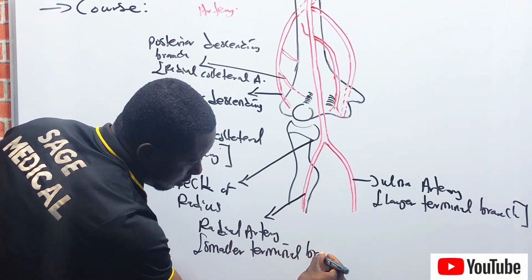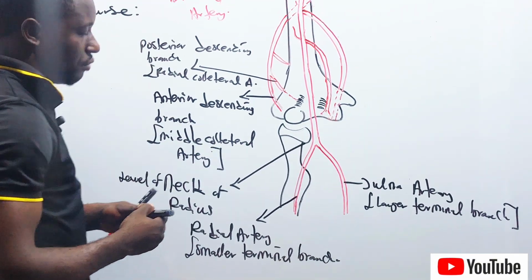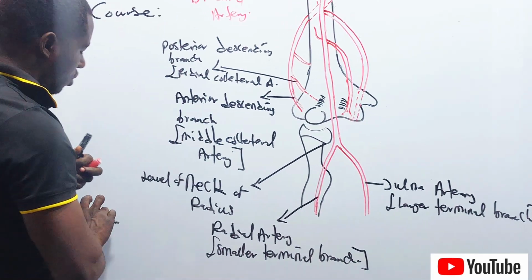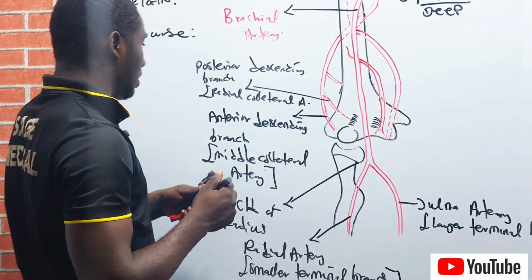So that is all about the course of the brachial artery.